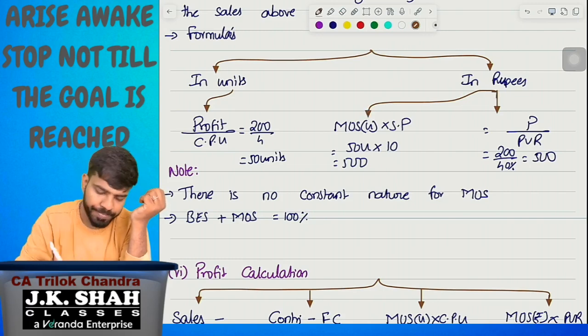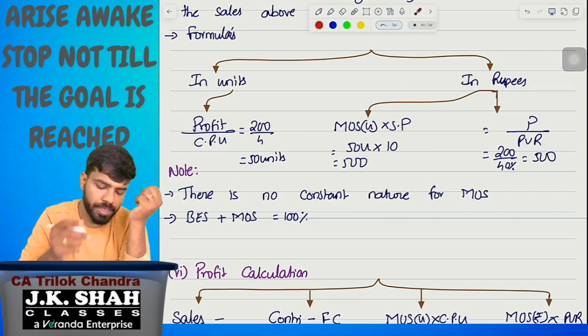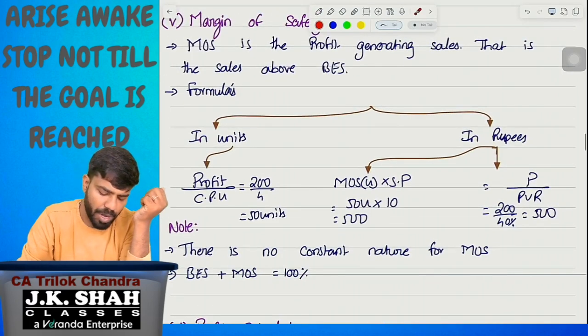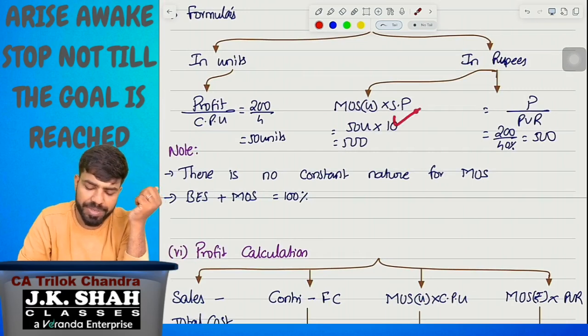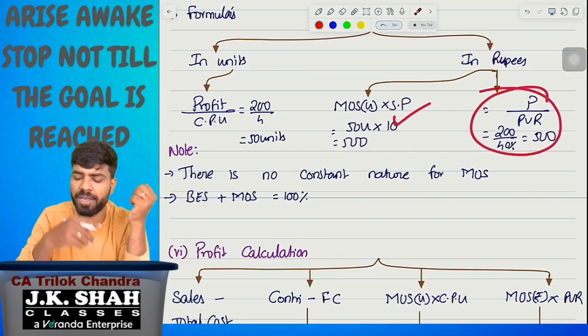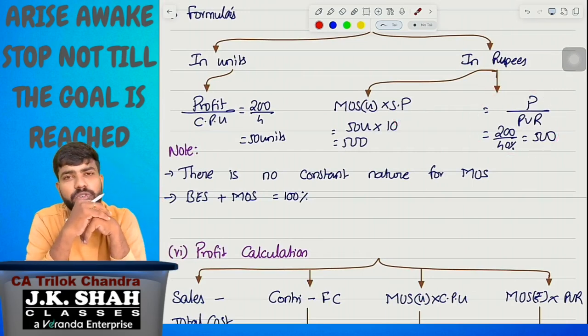Look at here. When it comes to margin of safety in units, profit divided by contribution per unit. When it comes to rupees, margin of safety units multiplied by selling price, or profit divided by PV ratio. Are you understanding? These are the formulas to calculate the margin of safety.